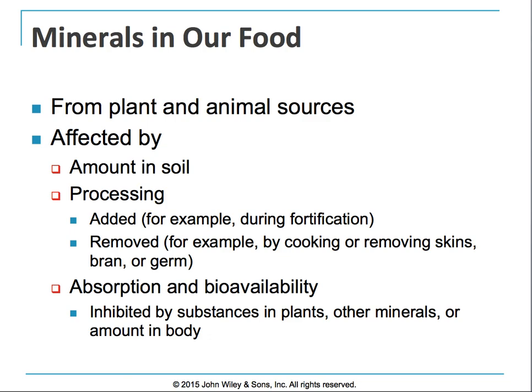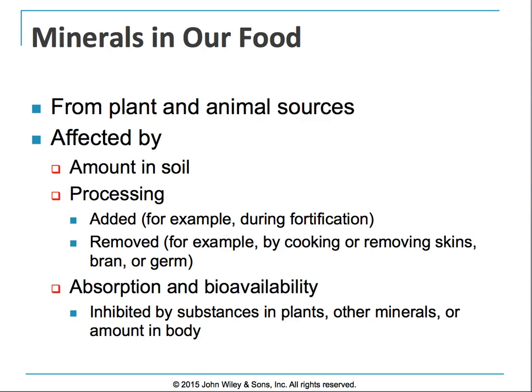Minerals in our food. So we get minerals from both plant and animal sources. The amount of minerals in our food can be affected by a number of things, like the amount of minerals that are in the soil, processing of our food, such as being added during fortification or removed, maybe by peeling or by processing like grains and the removal of the bran and the germ, all kinds of things.